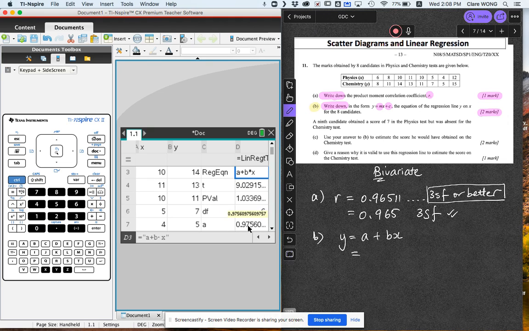This one, 0.97560 plus your B is 1.15447 x.